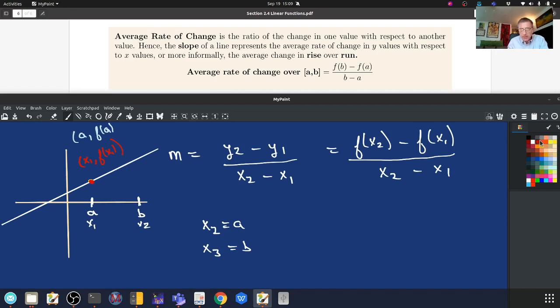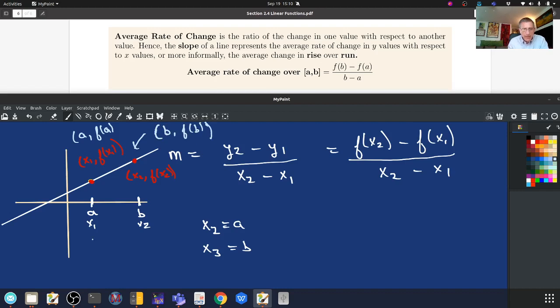Here is the other point. That's going to be the point x2, f of x2. Or if you'd rather use the b notation, that's the point b, f of b.